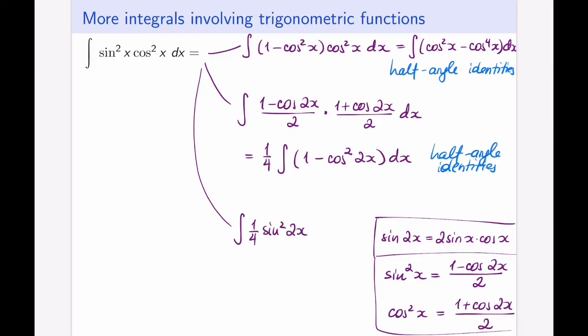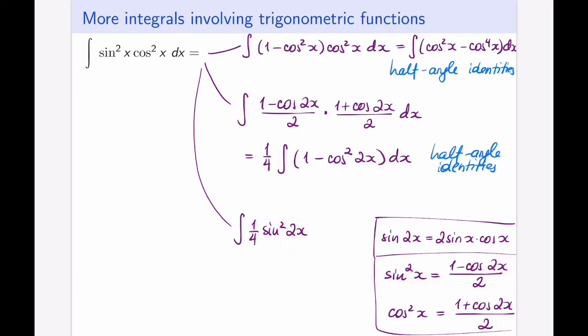Once I'm down to here, I am in a similar situation to this case, where I only have an even power, and therefore I can apply half-angle identities, except I have to be careful that I will be doubling the angle that I have, resulting in the 4x on the other side.